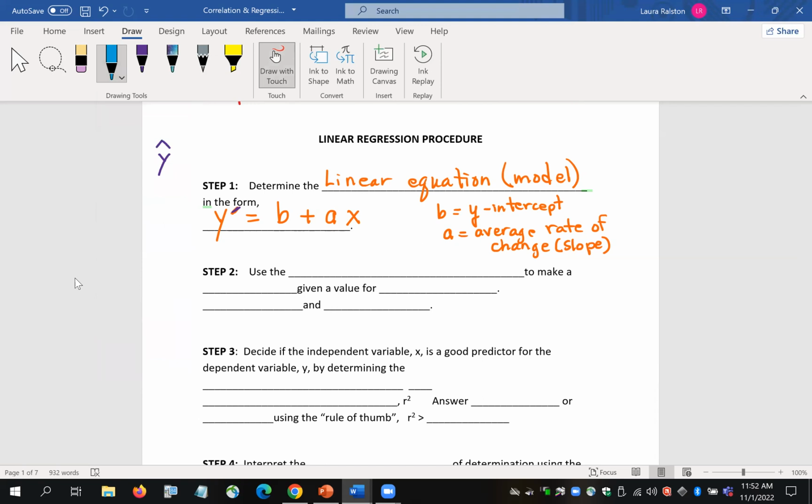Okay, then we're going to use the linear equation model to make a prediction for a given value for the independent variable.